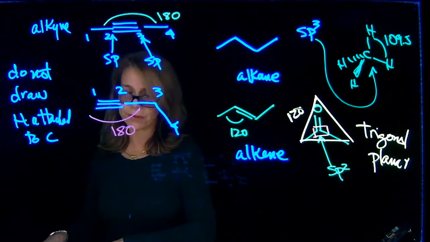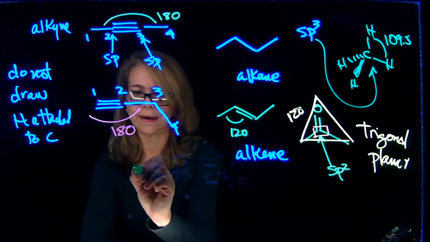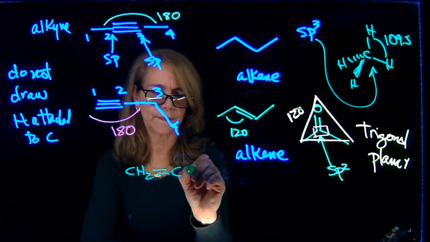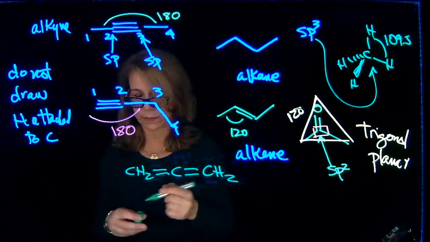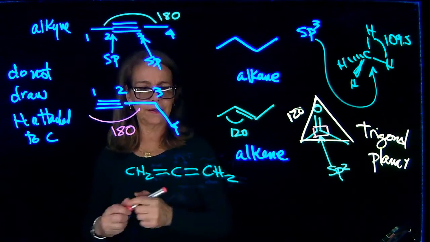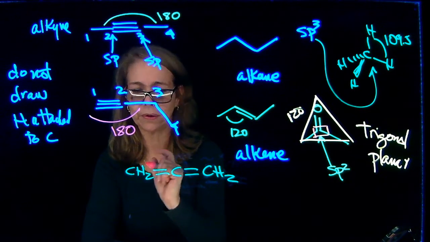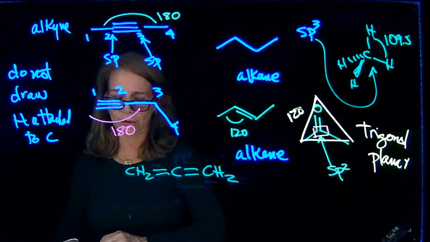And now let's consider another molecule. Say that I have CH2=C=CH2. Now in this molecule particularly, notice that the carbon in the center is forming a double bond to the side and a double bond to the other carbon. So we can make another drawing showing the orbitals.